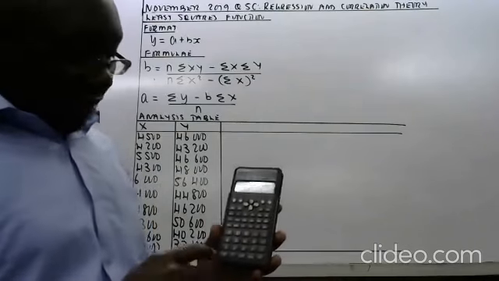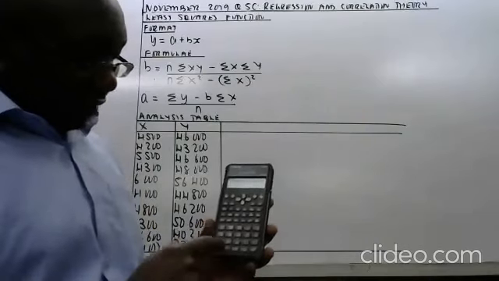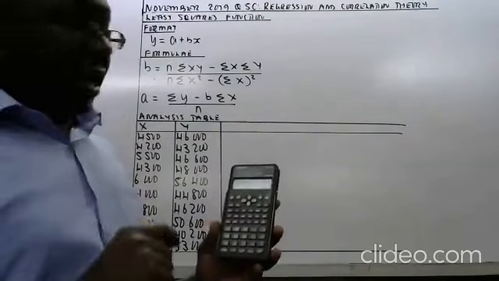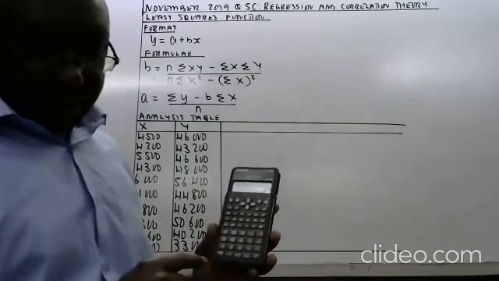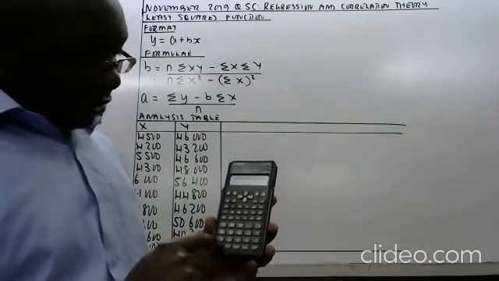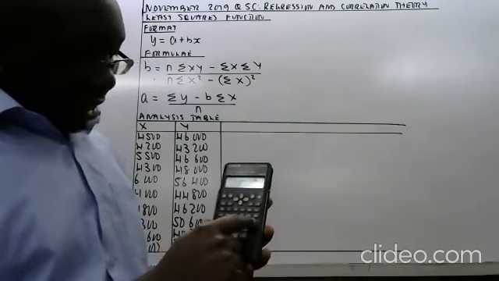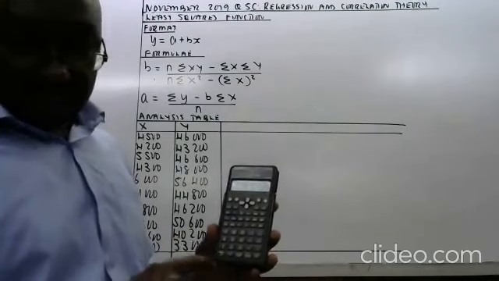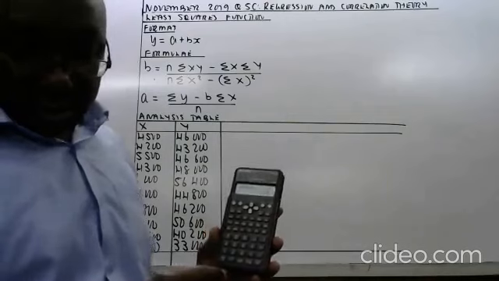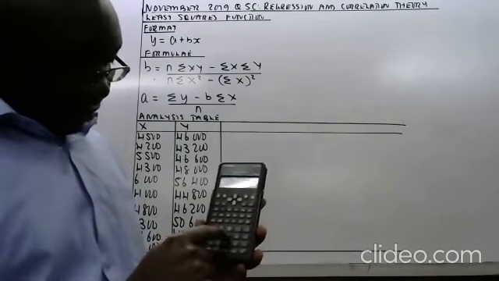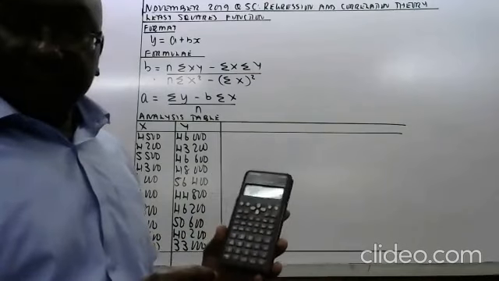Then you start entering the values. 45,000. No, not 45,000. 4,500, comma, 46,000 M plus. 4,200 comma, 43,200 M plus. 5,500 comma, 46,600 M plus.